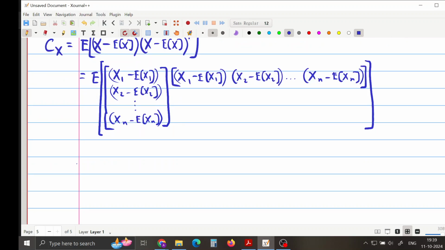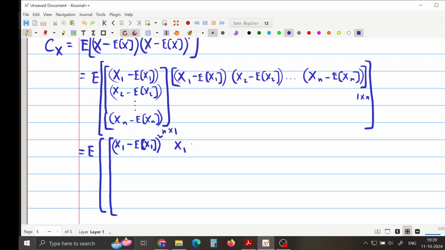So now I can carefully multiply them. So this is n by 1, this is 1 by n, so their product will be an n by n matrix. The first term of that n by n matrix, the 1 comma 1 term, will be x1 minus expectation of x1 squared.